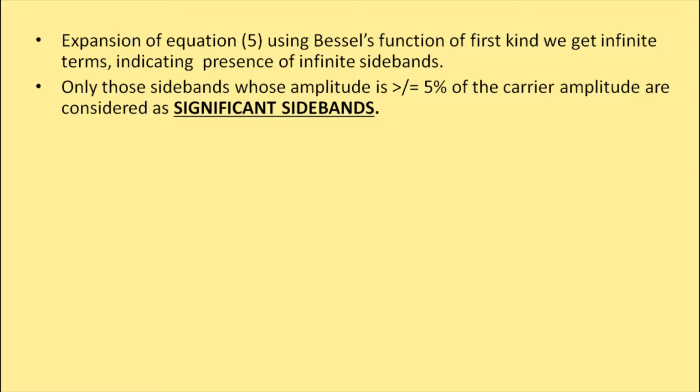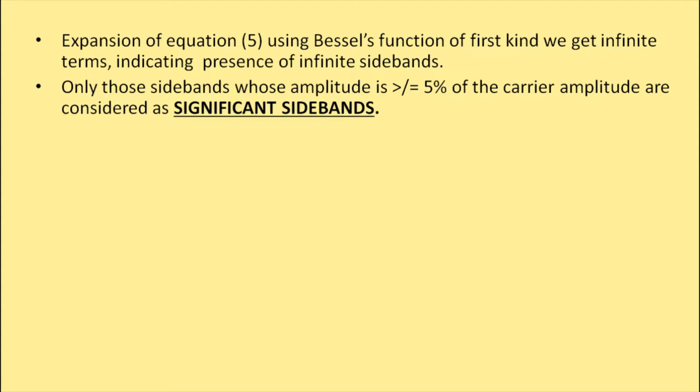Only those sidebands whose amplitude is greater than or equal to 5% of the carrier amplitude are considered as significant sidebands. Now students, this is one of the possible targets for 1 mark questions. Define significant sidebands. So the definition is: the sidebands whose amplitude is greater than or equal to 5% of the carrier amplitude are considered as significant sidebands.